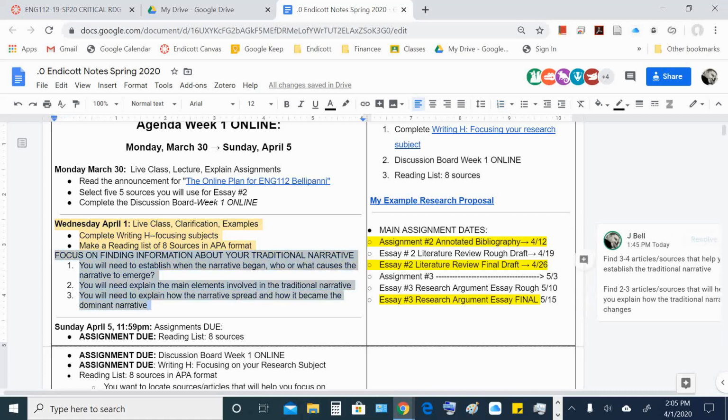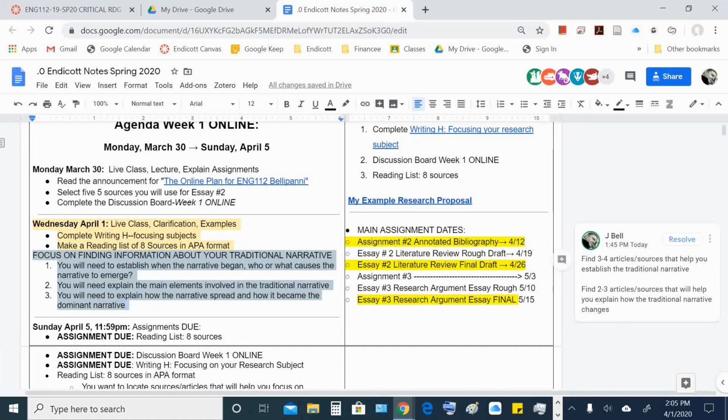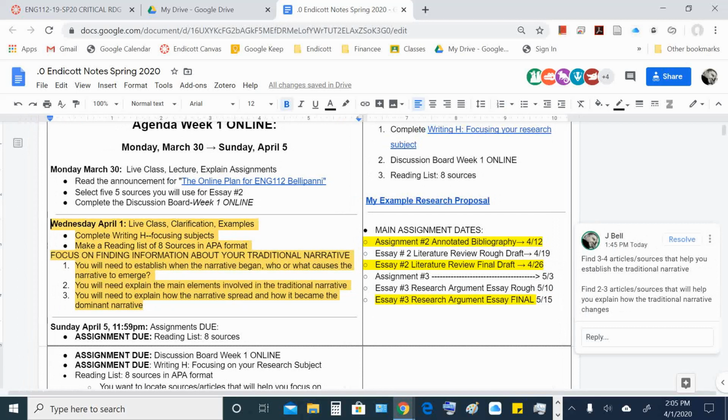So my suggestion at the moment is that you find 3 to 4 articles or sources that help you establish the traditional narrative, and then find 2 or 3 articles that maybe help you explain how it changed, or how it's changing, or was changing.